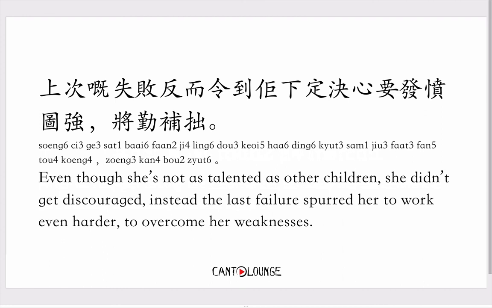On the other hand, instead of making him depressed or discouraged, 反而令到佢, it actually made him... We're going to talk about 令, so don't worry about that for now. 令到佢, it made him 下定決心, to become determined to 發奮圖強, to work hard, to set out to work hard, 將勤補拙, in order to overcome... I used she in this example, to overcome her weaknesses then.